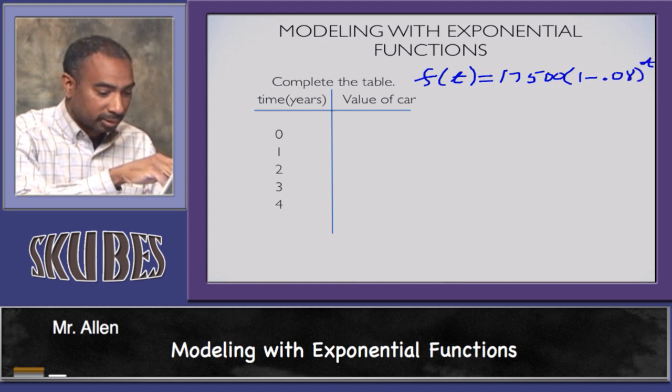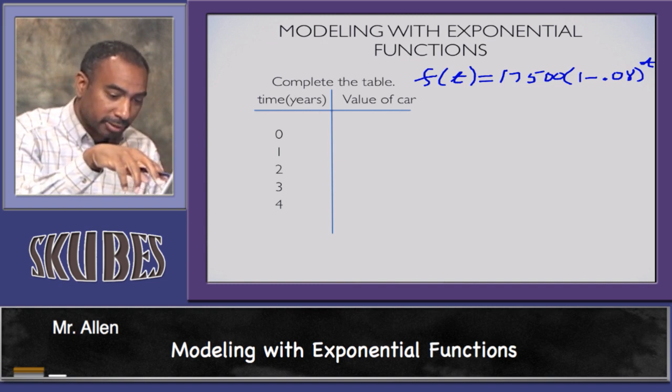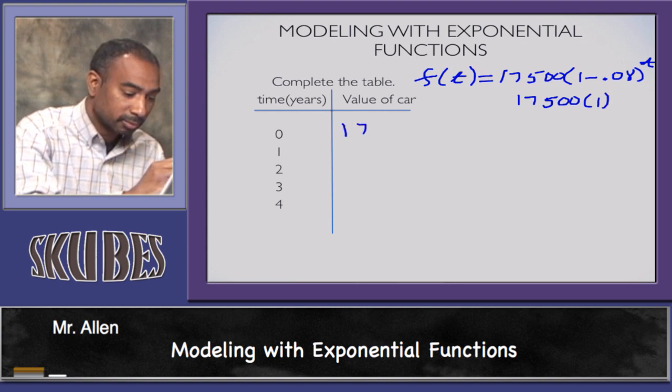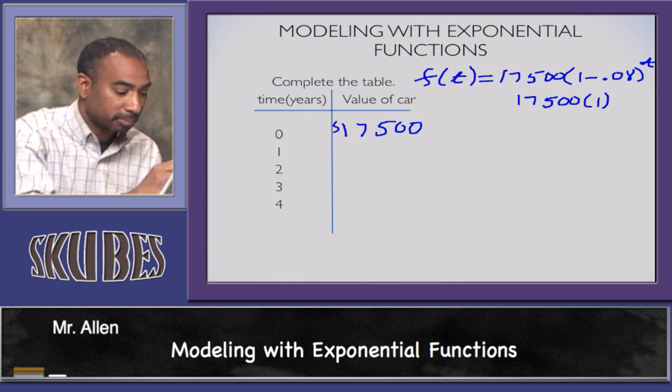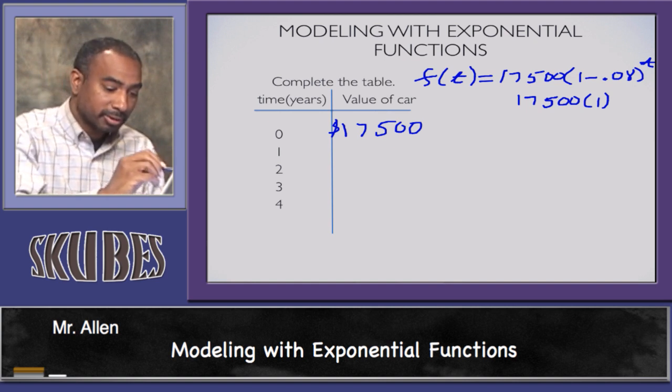And if t is 0, remember the exponent rule is anything raised to the 0 is 1. So you just get 17,500 times 1, which makes sense because if there's no years on the car, it's going to be the initial value that she purchased it for.